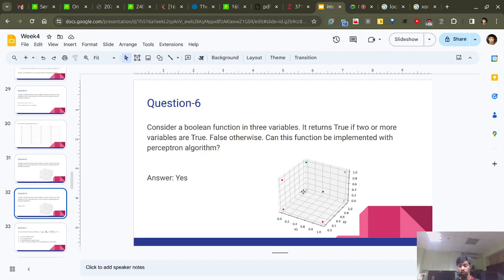And how do you plot this graph? It is difficult to show in 3D, but suppose this is below that side. If you take a plane here and draw it from the top, from this diagonal to below that diagonal, then both will be separated, because you have to consider that this is in the corner, and this is also in the front corner of a cube.